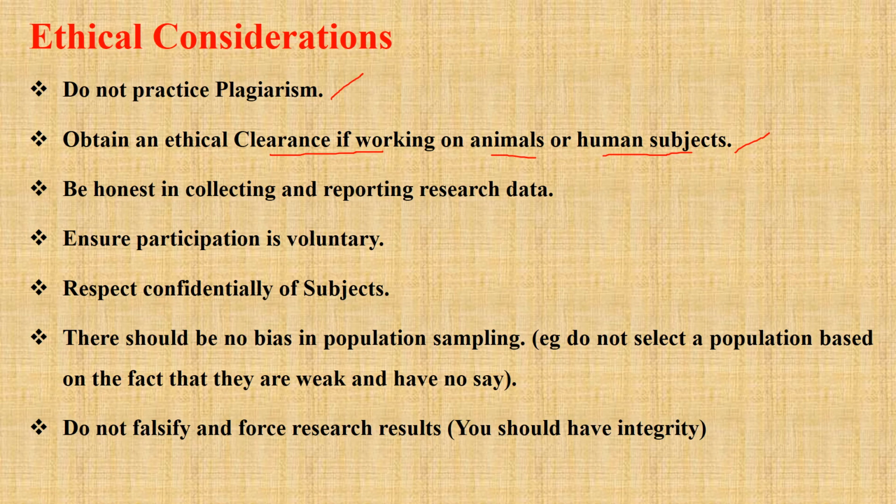So you have to submit your project to an ethical committee. They evaluate the risk that is involved. If they see that the risks are very mild on humans or animals, then they will give you an ethical clearance, telling you that you can go ahead with your research.